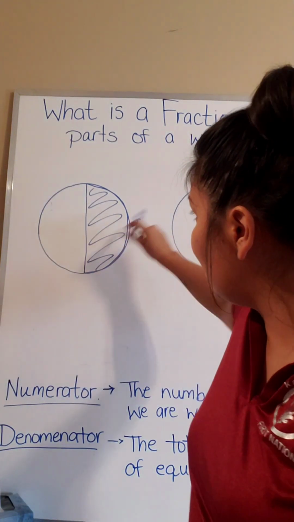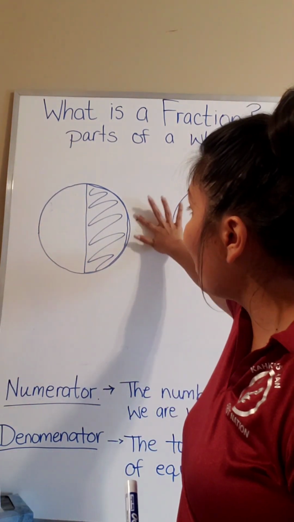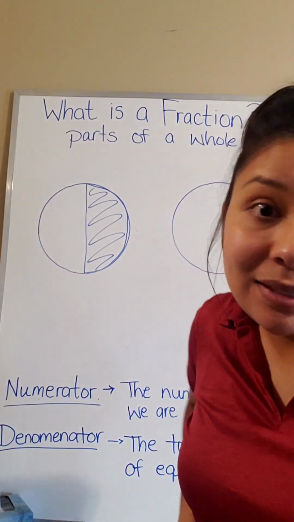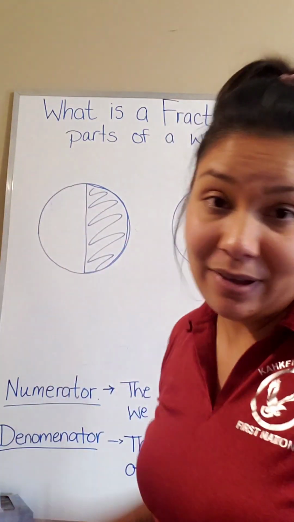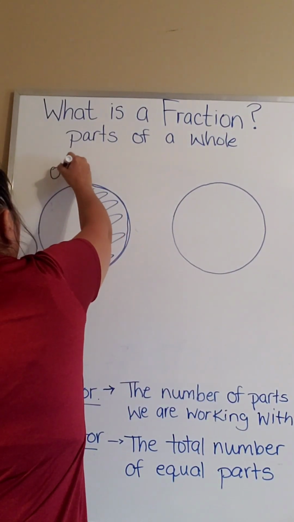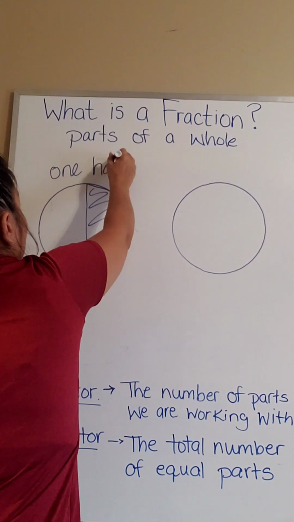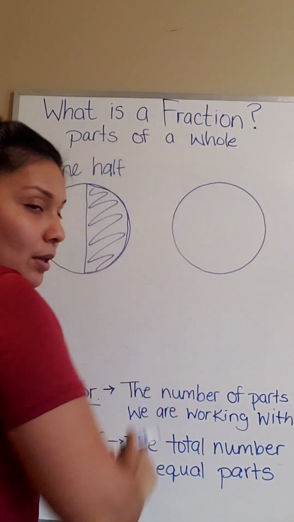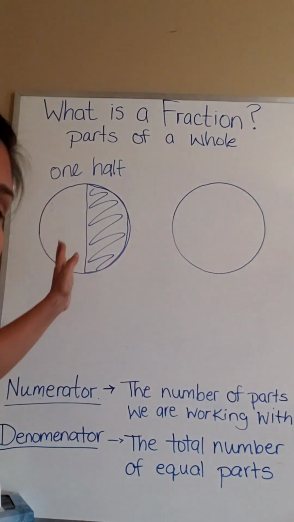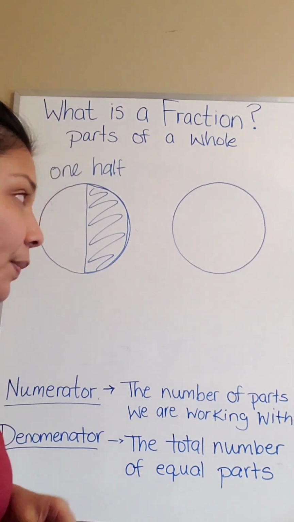And so talking about the east, or talking about fractions now, what does this look like? It looks like half of a circle, right? It's half of a whole. 1/2. 1/2 of a whole. Now, how would we write that as a fraction?